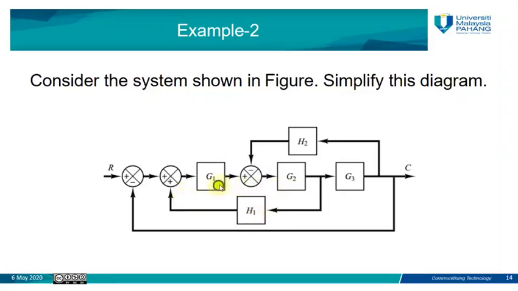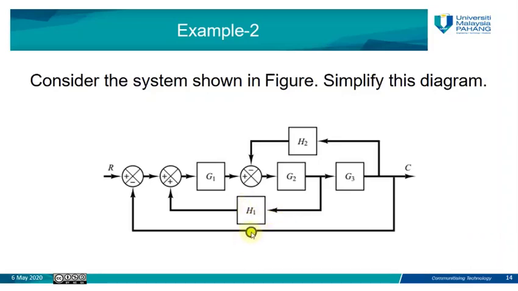No, because we still have the summing junction. Does G3 with H2 represent a feedback? Also no, because we still have a pickup point, and we still have another transfer function, which is G2.